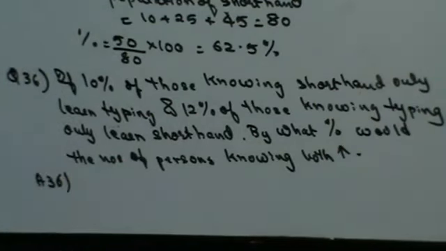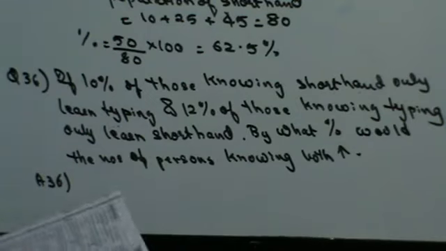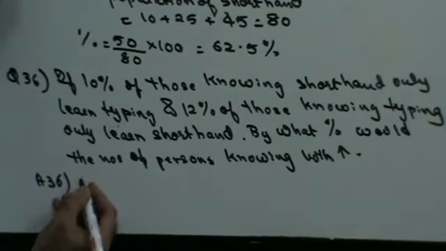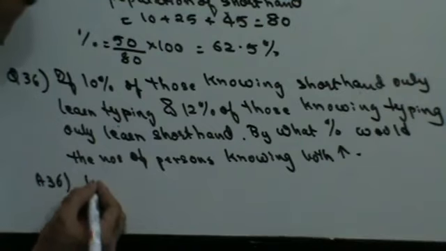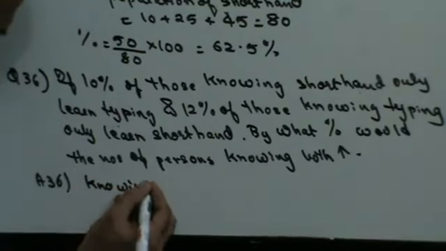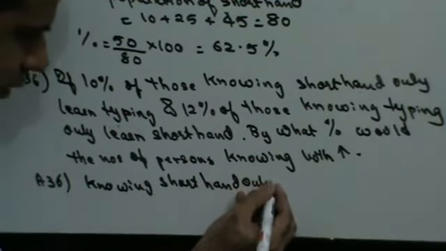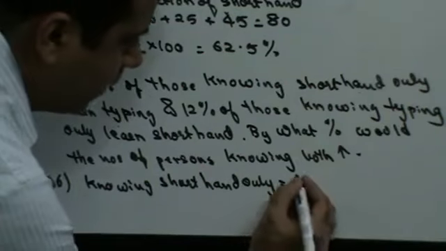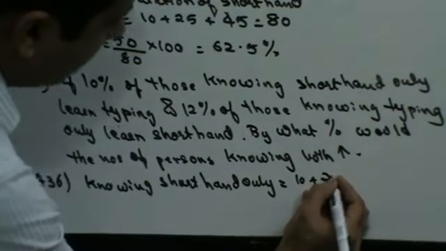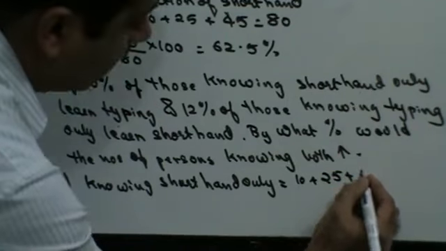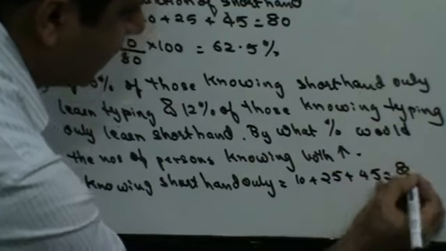Right? Now, 10% of those knowing shorthand only. Knowing shorthand only is 10 plus 25 plus 45, 45, 50, 80, right?